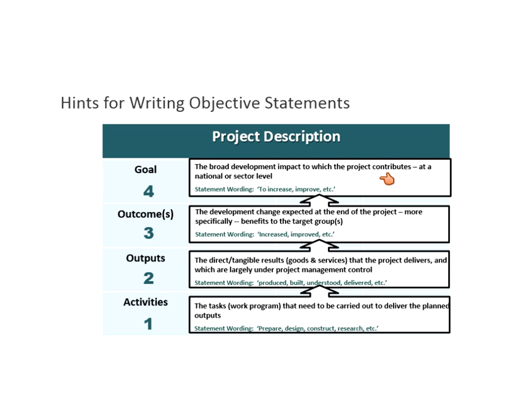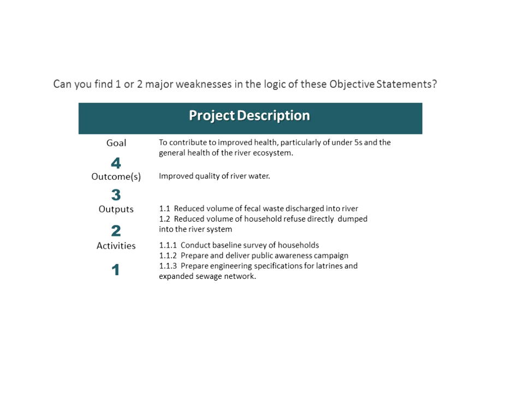That's the broad development impact which the project contributes at a national or a sectoral level, and usually you're trying to be aspirational in stating these: to increase, to improve, etc. Okay, any comments or questions on this? That's the hierarchy of objectives, or the vertical logic.